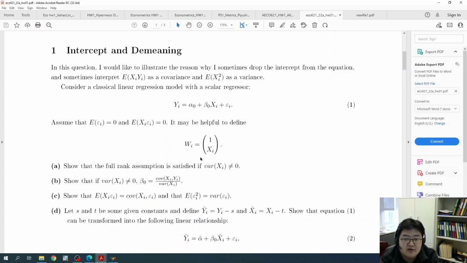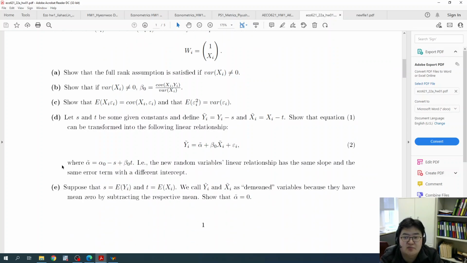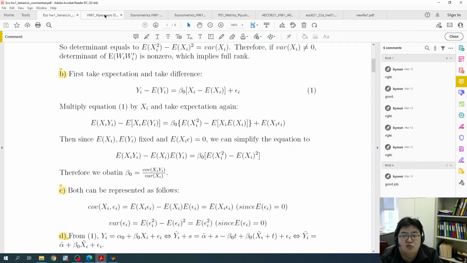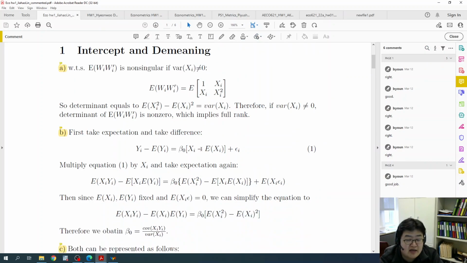And we have this. Most of the questions are pretty straightforward, but one thing is many students have struggled in A. The correct answer is by Jiao Hao and Hyunwoo. The answer should be this way. We have to check if this matrix is non-singular, or that the matrix has an inverse, or that the matrix determinant is non-zero.